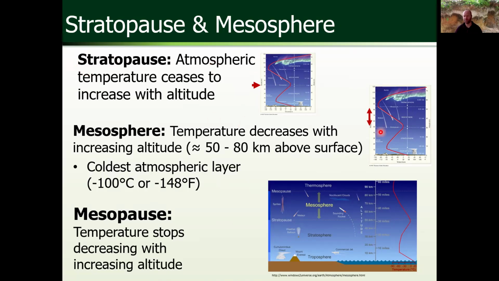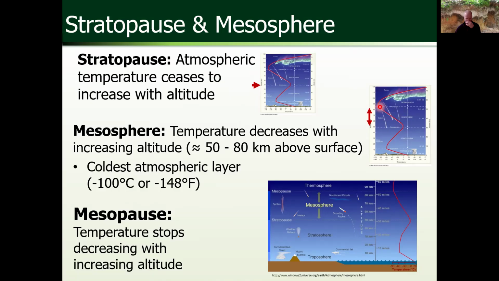Okay, so you can reach the top of the stratosphere, and that is known as the stratopause, which is where temperature stops increasing with increasing altitude, and it once again starts decreasing with increasing altitude within our mesosphere, which is our coldest atmospheric layer. All right, so then we move up into the mesosphere and it's getting colder and colder.